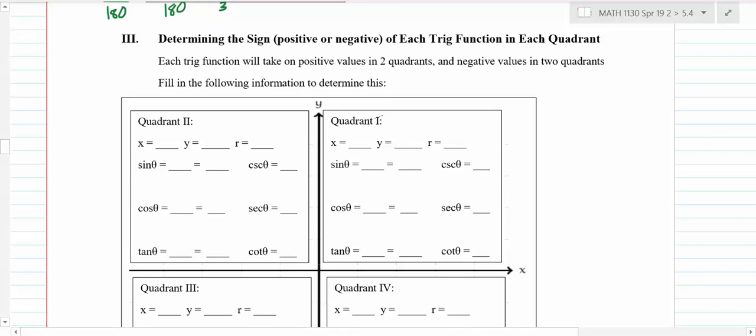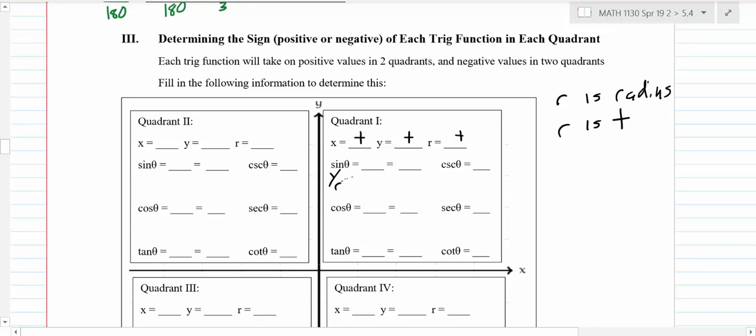So the idea is if your angle is in quadrant 1, x is positive, y is positive, and r is always positive. R is a radius, so r is always positive. It's basically the sign, and you don't have to write all this down necessarily.